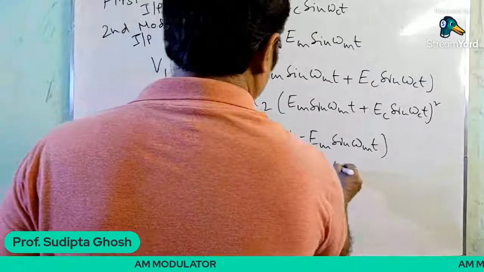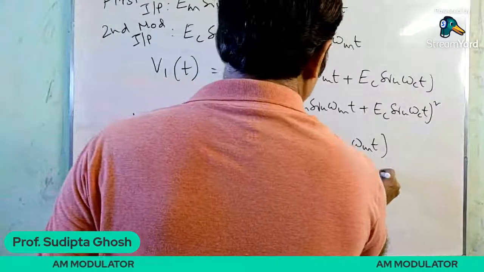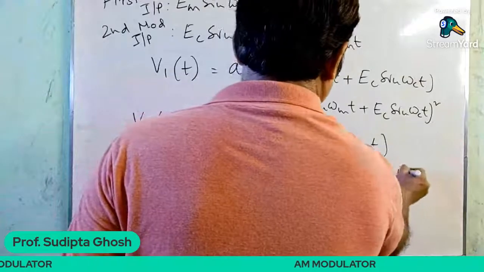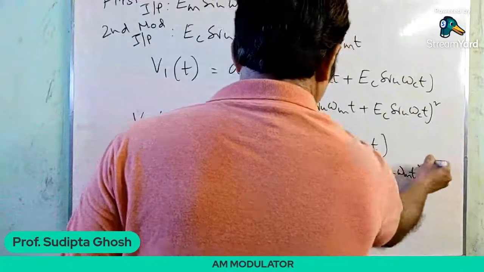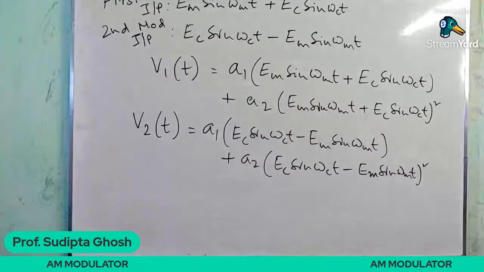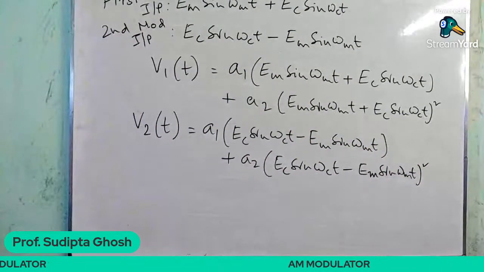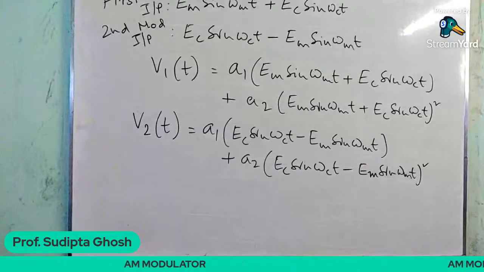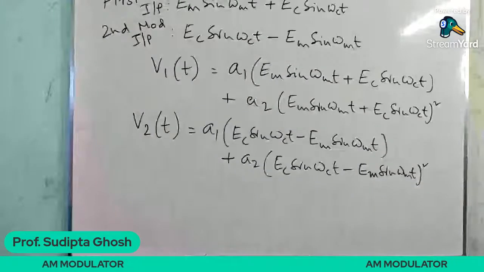So A2 (Ec sin ωct minus Em sin ωmt) whole square. These are the two output voltages for the two AM modulator circuits.